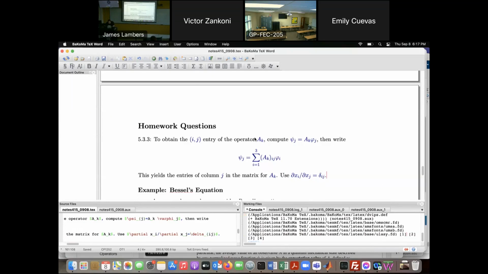What I'm doing here is being sloppy with my notation. I'm here referring to the operator, here referring to the matrix. I'm basically identifying the operator with the matrix. I should give this a different symbol, but I'm being lazy.